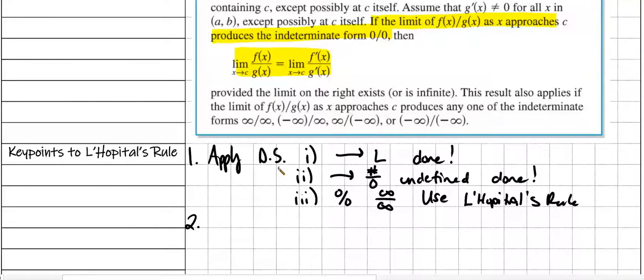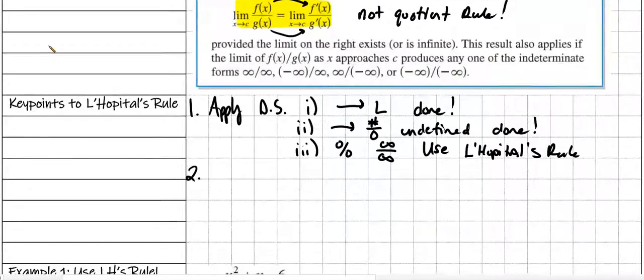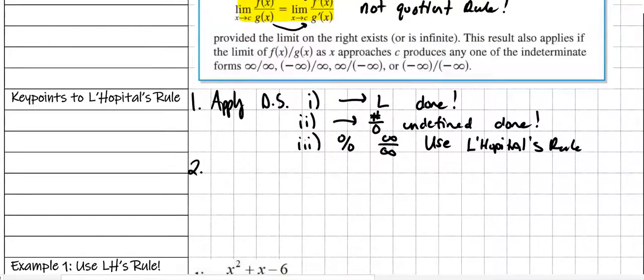The first step is always apply direct substitution. The second step, if you noticed, we're taking the derivatives of f and g individually. This is not the quotient rule. So don't do quotient rule just because you see a fraction.